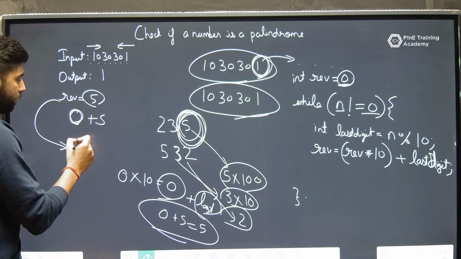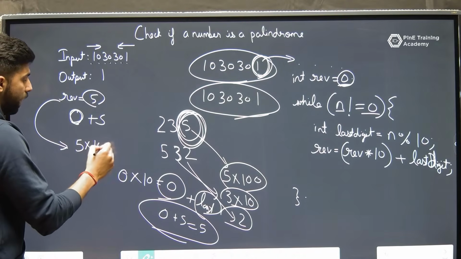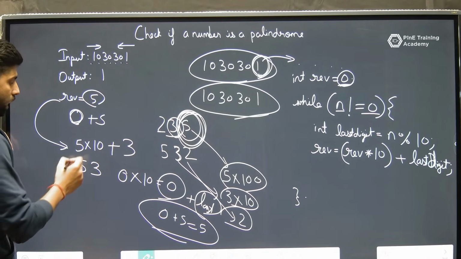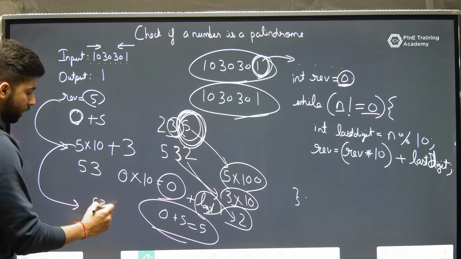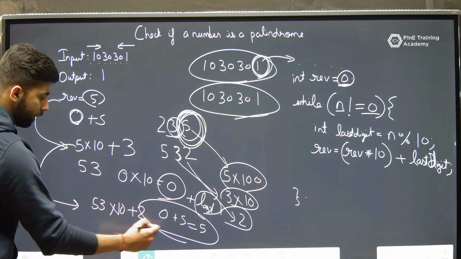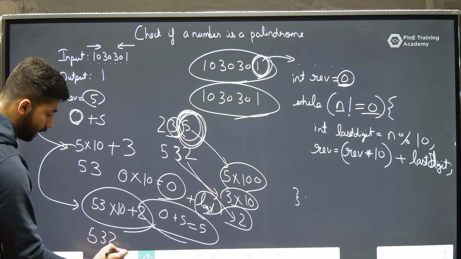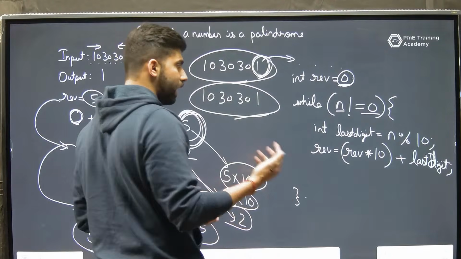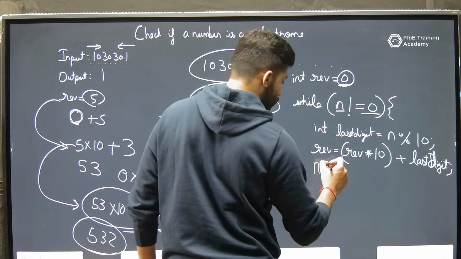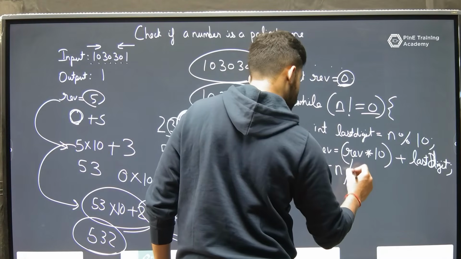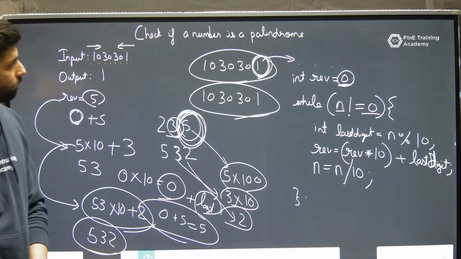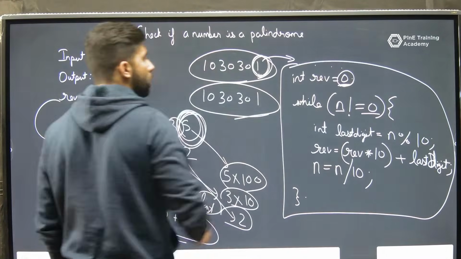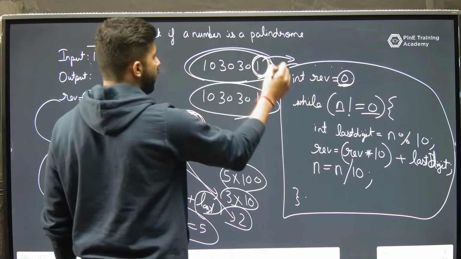Next time rev will already be 5, so 5 multiplied by 10 plus the last digit will become 53. And the next time 53 will be multiplied by 10 and plus 2, this will become 532. So this multiplied by 10 will happen again and again. So this code will give you the reverse of any number.